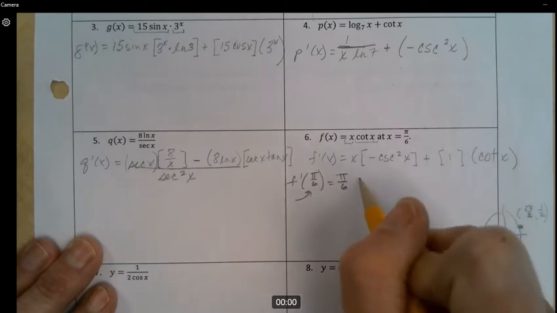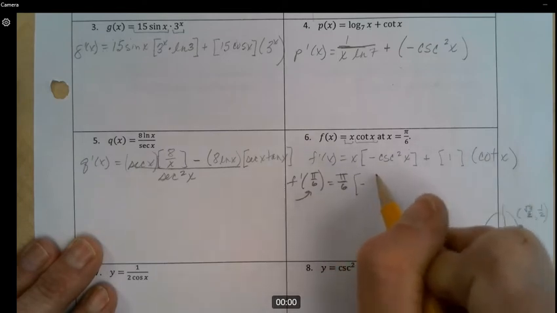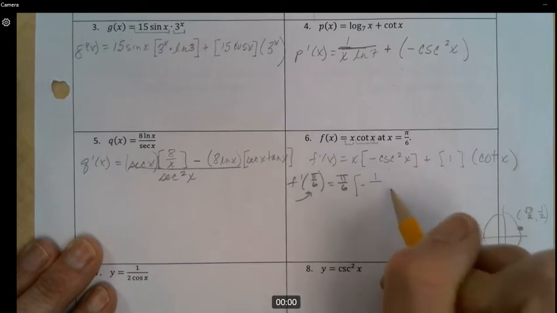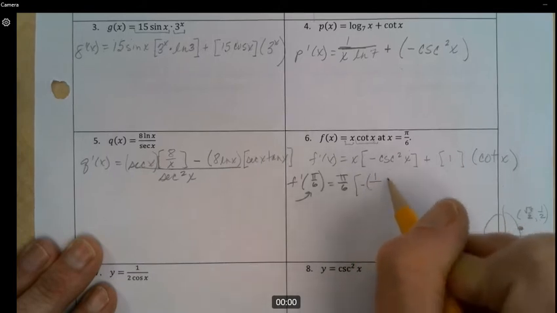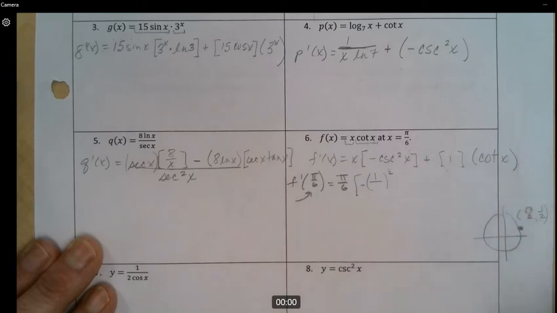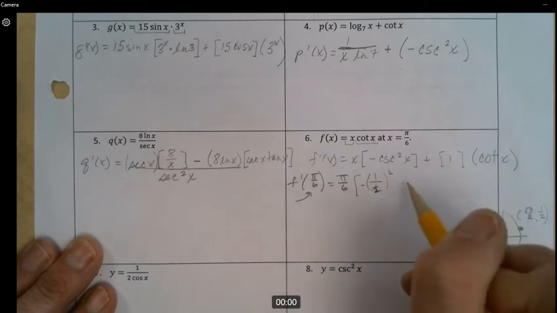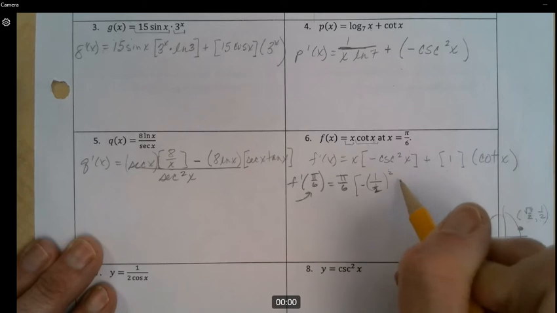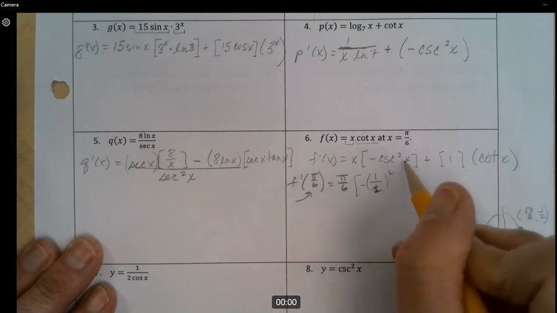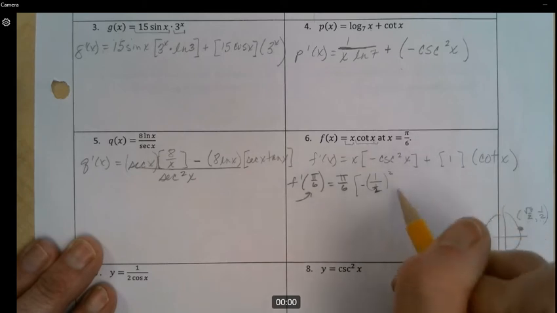So I want the opposite of 1 over my sine value squared. So my sine value is 1/2. So 1/2 goes in there. You okay with that? So that's going to take care of the cosecant squared of pi over 6.